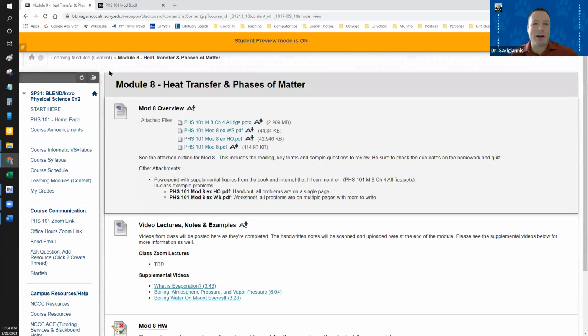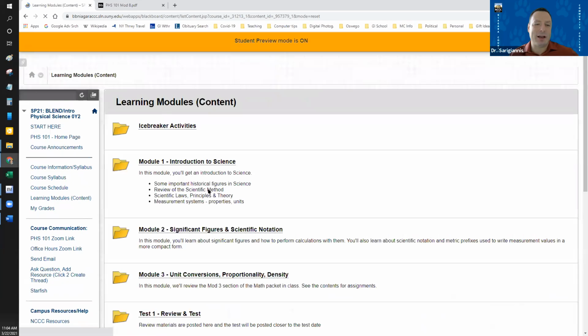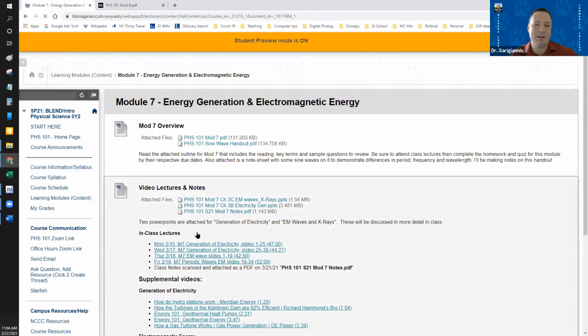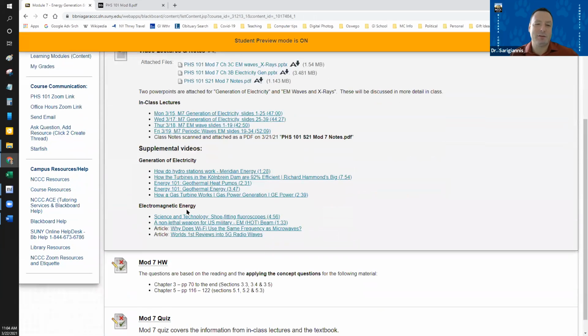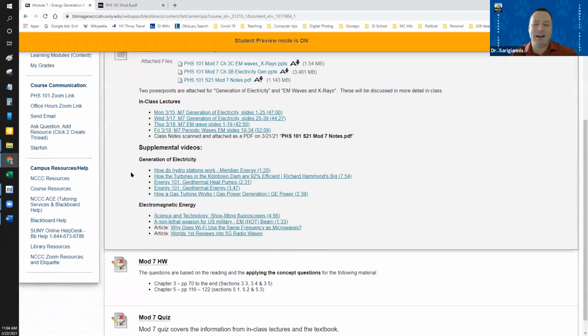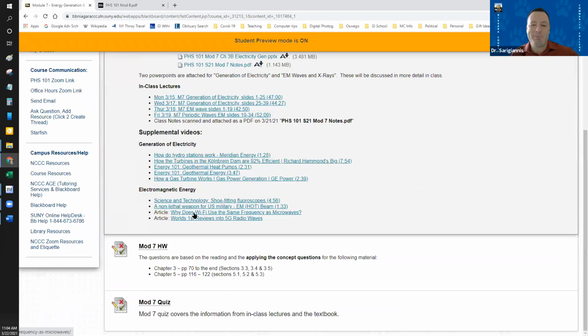One thing I do want to point out, going a little backwards: I found some articles the other day and added them to the electromagnetic energy material in module 7. These are more of interest. If you're trying to be on Wi-Fi, the old band is 2.4 gigahertz.